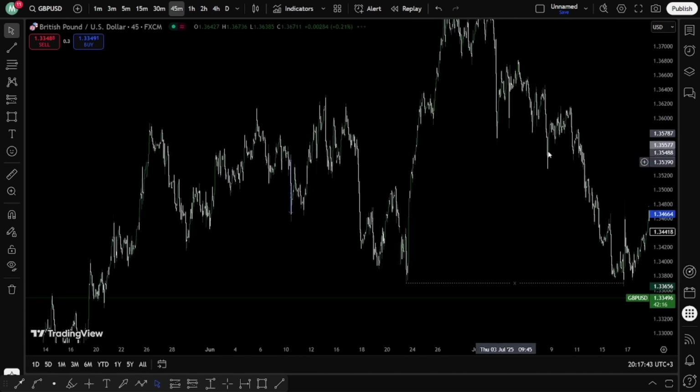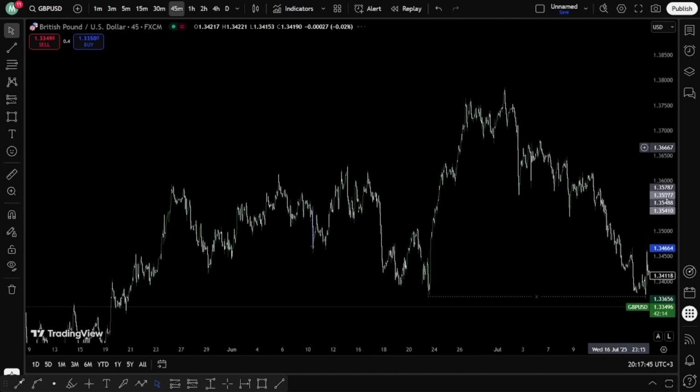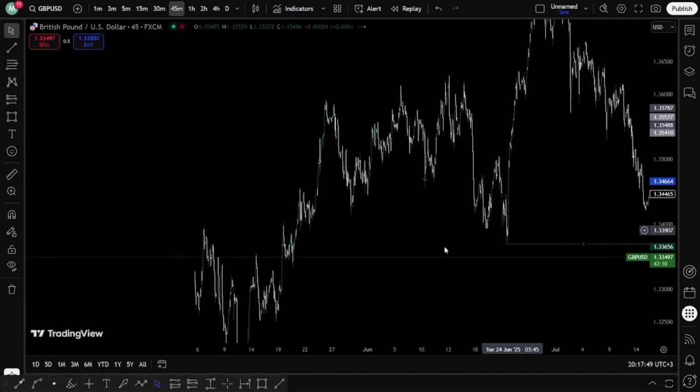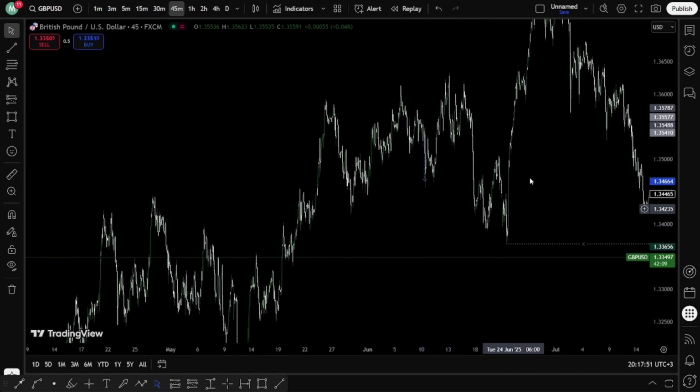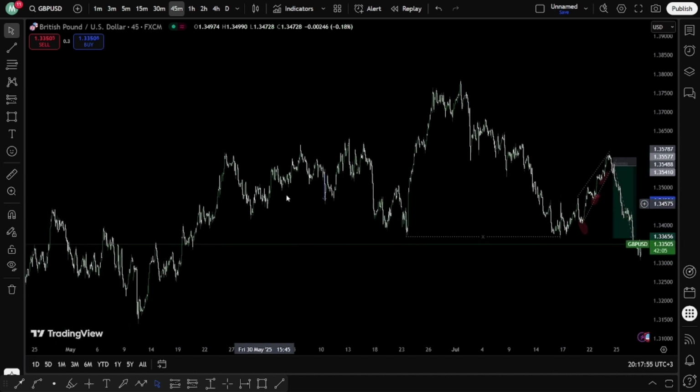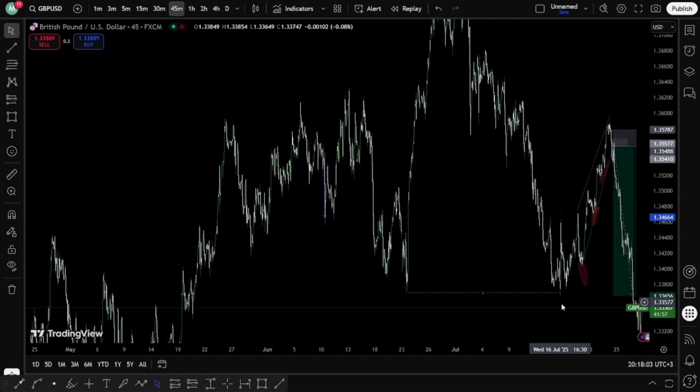First of all, the market was buying. As you can see, higher high, higher low, higher high, higher low, kind of a change of character, but it was a slight sweep.